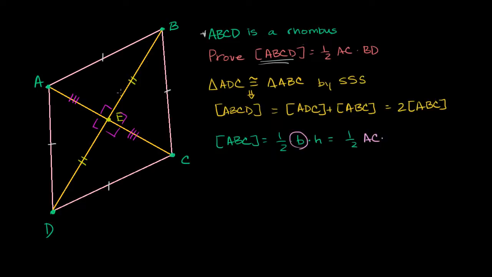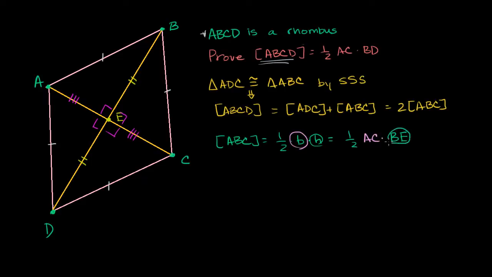Well, we know that this diagonal right over here is a perpendicular bisector. So the height is just the distance BE. So it's AC times BE. BE, that is the height. This is an altitude. It intersects this base at a 90-degree angle.